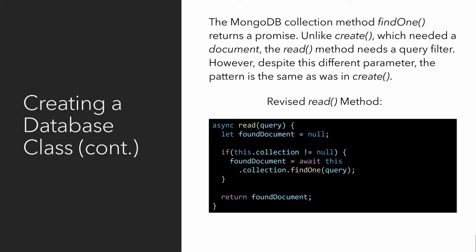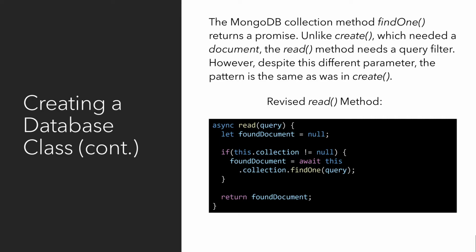This is very similar for find1. Find1 also returns a promise, but unlike create, which needed a document, the read method in this case needs a query filter. However, despite this different parameter, the pattern is the same as it was in create. Notice the new revised read method. The read method here has found document instead of the previous variable, but it's also equal to null.